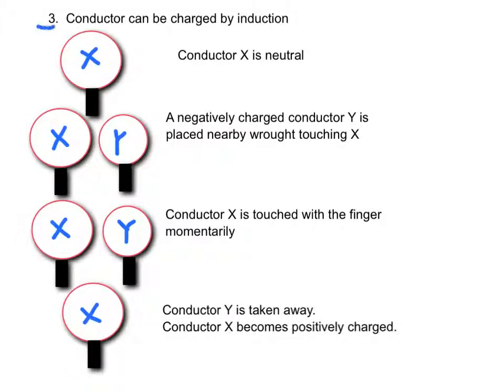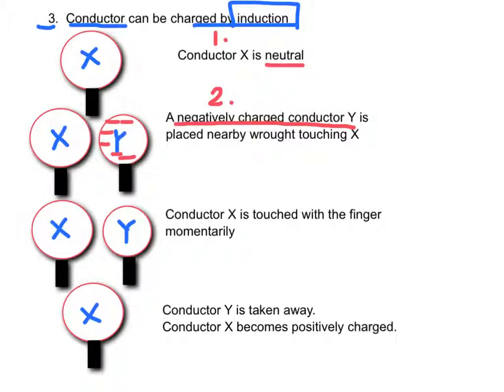The third method to charge a conductor is called charging by induction. Step 1, we have a conductor X which is initially neutral. Second, we put a negatively charged conductor Y nearby without touching X, and the charge distribution on X will be as shown.